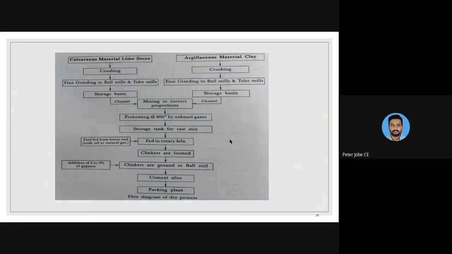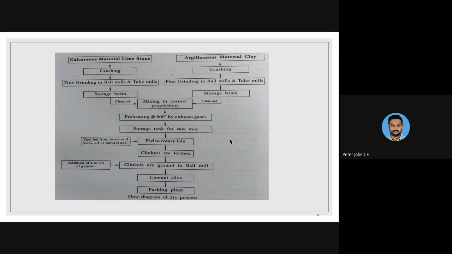Next, we had discussed it, but I'll discuss it again in this class. It's the dry process behind the production of cement. This is the process most cement manufacturers rely on. We take limestone, the calcareous material, and clay, the argillaceous material, and crush them separately.